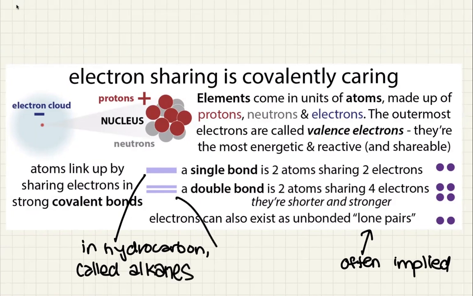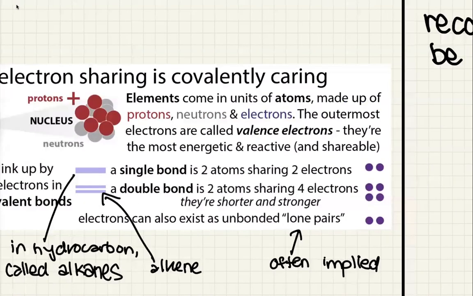And then this would be an alkene, a double bond between 2 carbons. And then you can also have a triple bond. We're not really going to see much in the way of triple bonds in biochemistry, but that would be an alkyne when you had those between 2 carbons in a hydrocarbon.